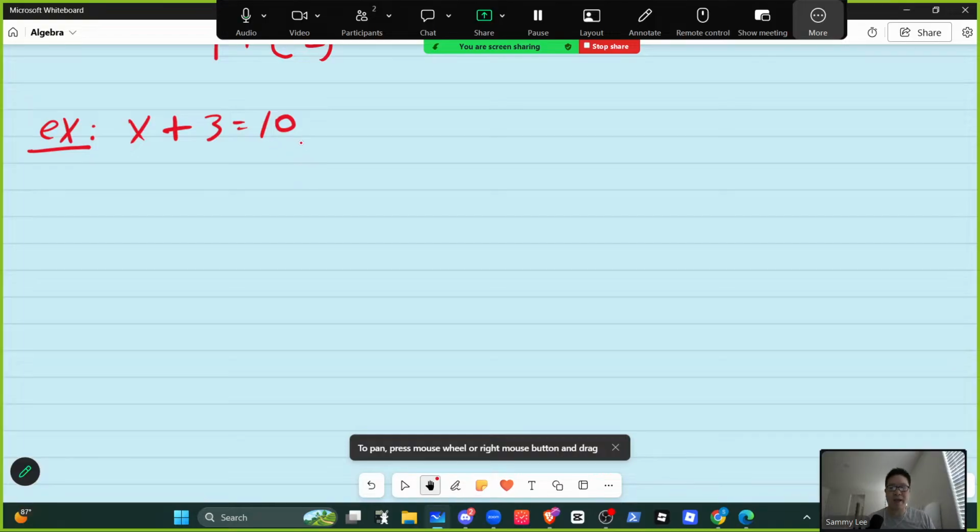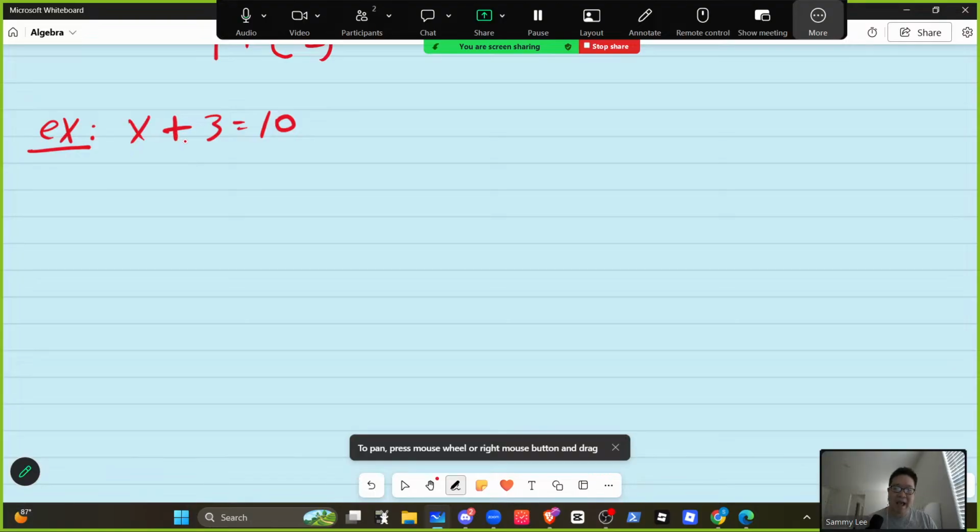Now, it doesn't matter if you wanted x on the right side. Here we have x already on the left side, but let's say for whatever reason you wanted it on the right side, that would be fine as well. It works either way, but people normally want x on the left side. So what we're going to do is an inverse operation.